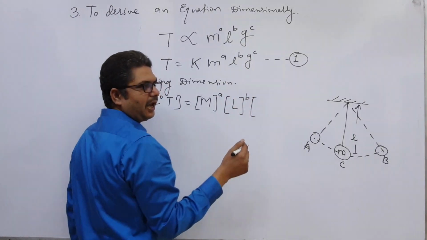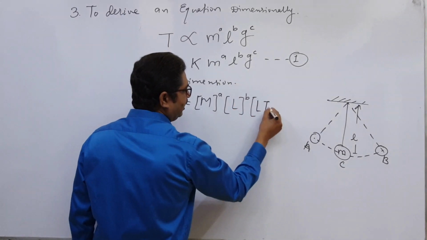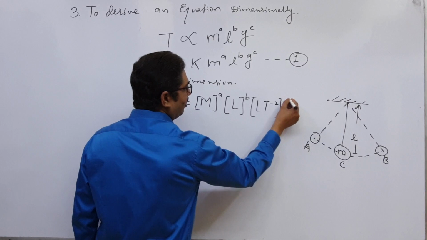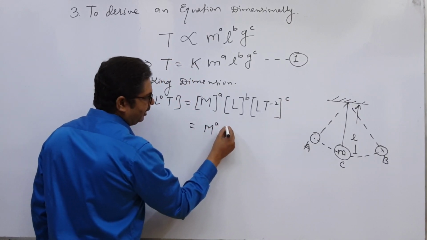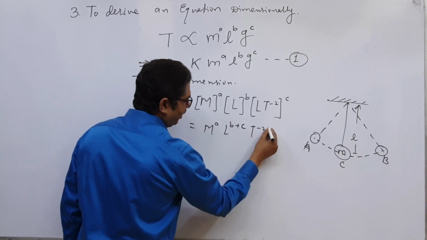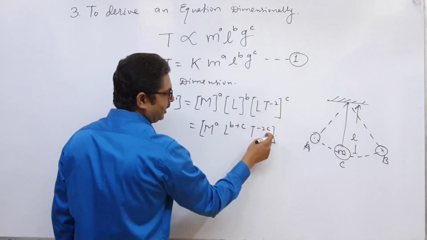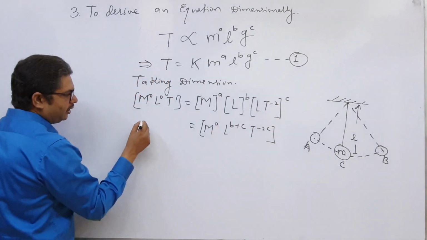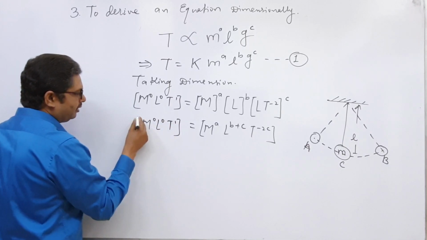Dimension of g, acceleration due to gravity, is L T to the power minus 2, and whole power is c. So you can write M to the power a, L to the power b plus c, and T to the power minus 2c. And this side you have M⁰, L⁰, T¹.